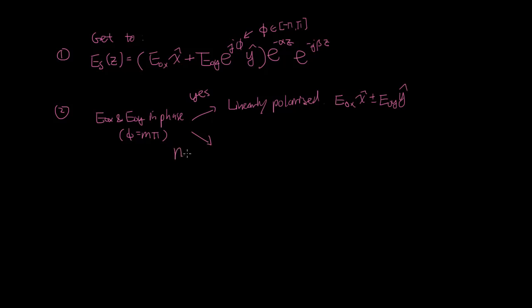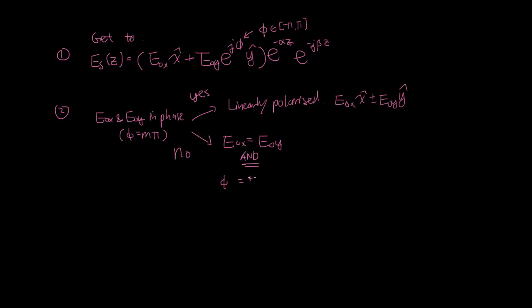However, if it's not, then you need to figure out whether it's elliptically or circularly polarized and what the handedness is. First of all, to be circularly polarized, it needs to meet two criteria. The x and y components need to be equal in magnitude, and phi needs to be equal to some multiple of pi half.